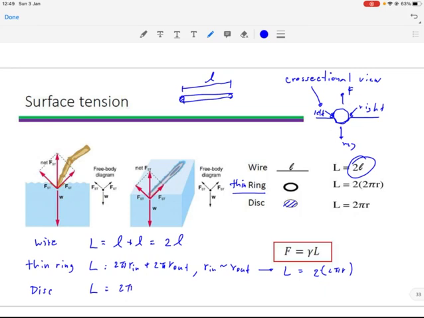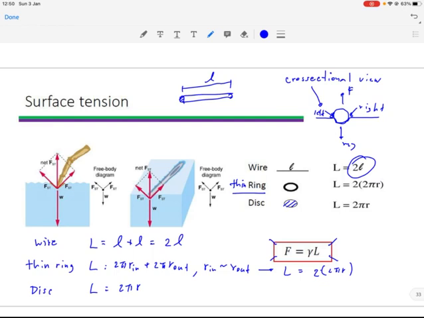So you can say this is 2 pi r only. And the force, you know the geometry of the object, and you put the L in, and you know the force that balances the mg, and that makes the object float on the liquid surface.